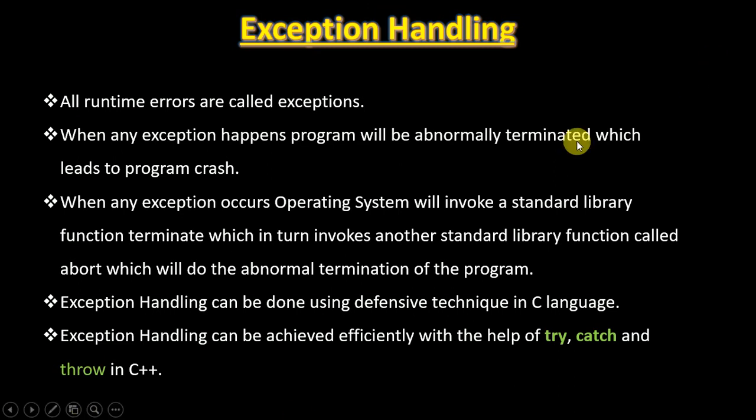Whenever any abnormal runtime errors occur, the OS will automatically invoke this terminate function. This terminate function will call another standard library function called abort, which will go for abnormal termination of the program. Okay, that means your program has crashed and abnormal termination is done.